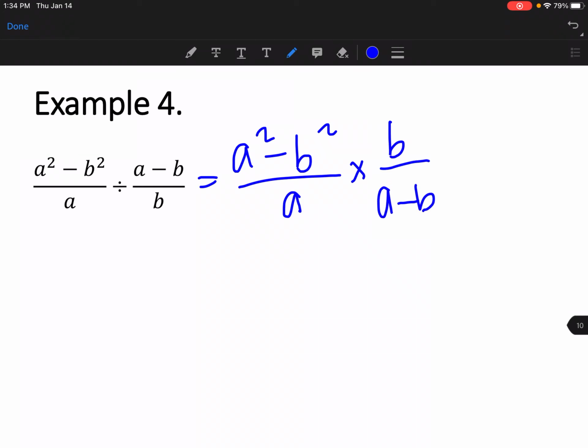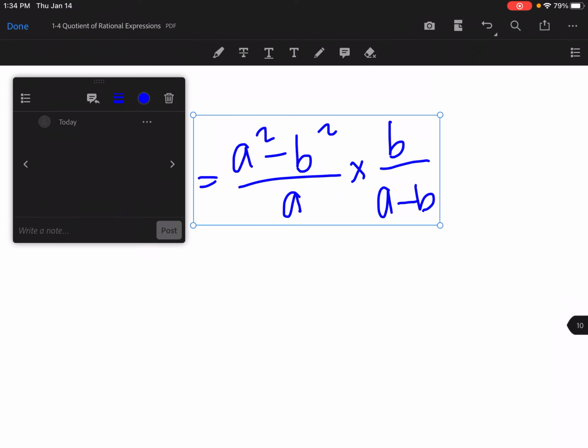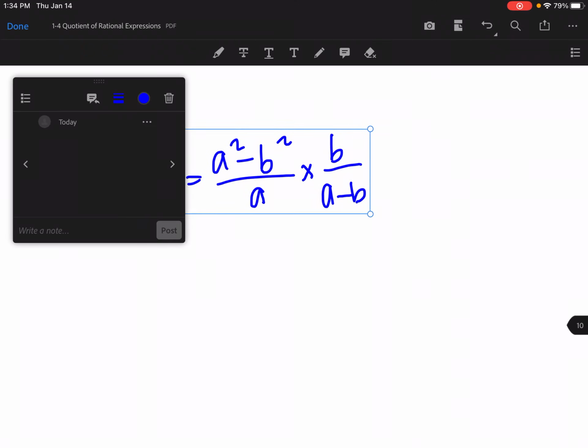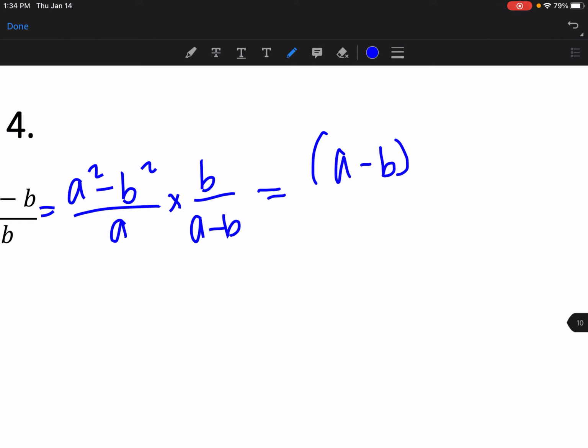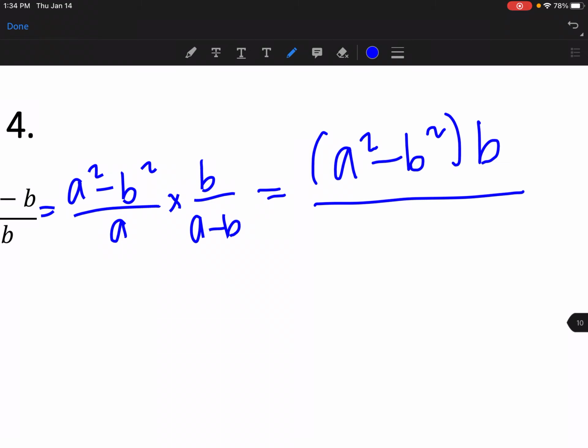Then the next step: I need to multiply my numerators together and my denominators together. So a squared minus b squared times b, all over a times a minus b.